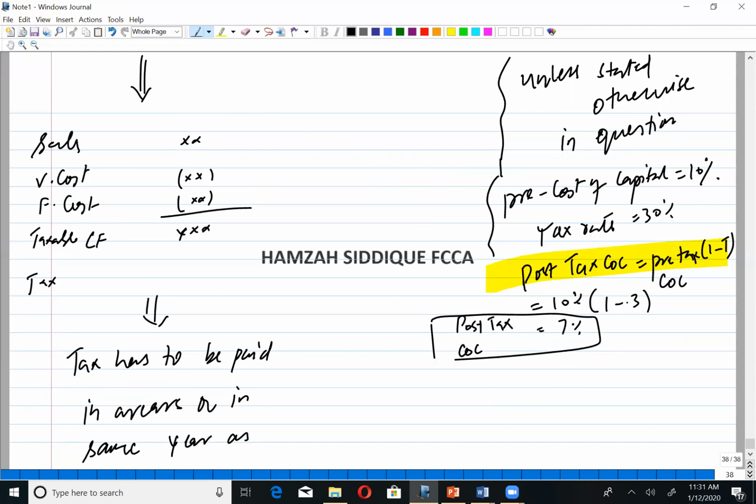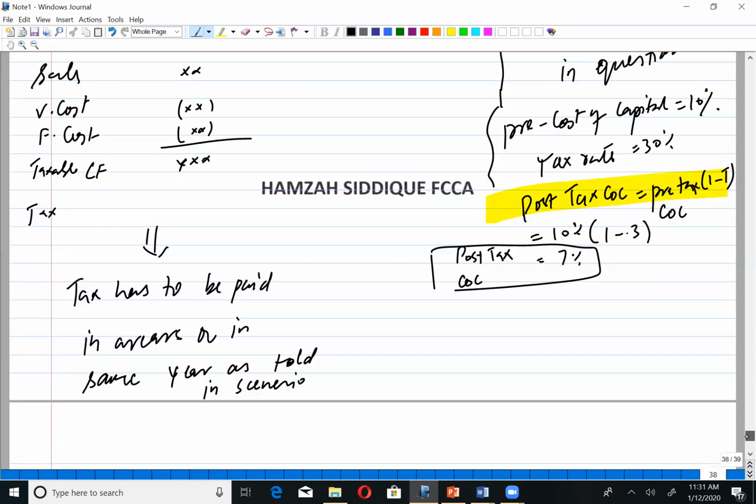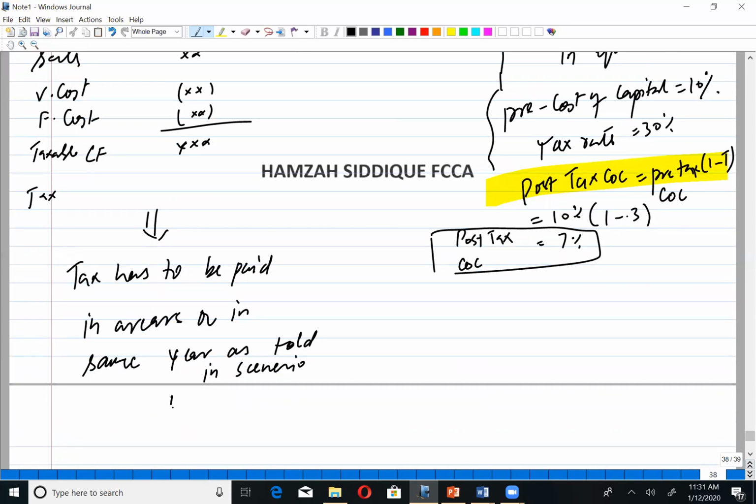As told in the scenario. If the scenario is silent, you can pay in the same year. Right assumption? Right assumption there. I assume that if the scenario is silent, usually, which is not, if the scenario is silent, you can pay in any year, in any way.